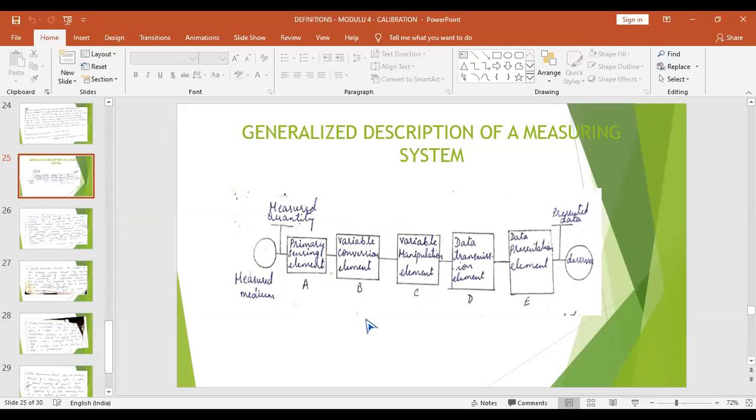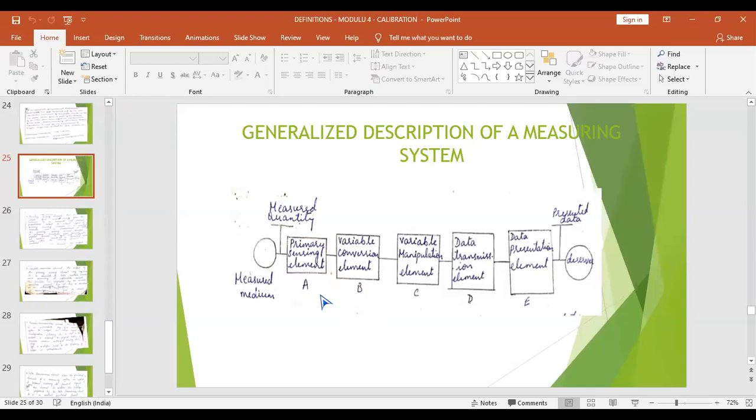First thing, on the cantilever beam, you can fix 2 strain gauges or you can fix 4 strain gauges. Complete the circuit by using a Wheatstone bridge.